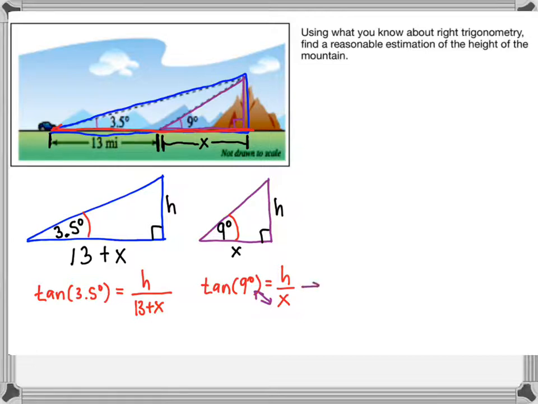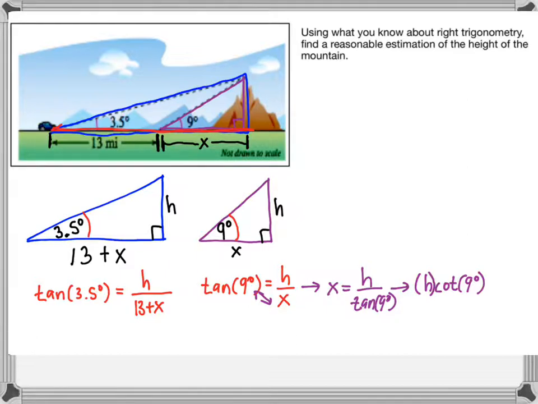So X equals H divided by the tangent of 9 degrees, or we can write it as not a fraction: H times the cotangent of 9 degrees. So that's what X equals.